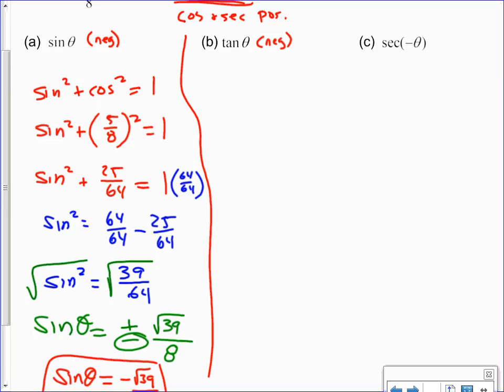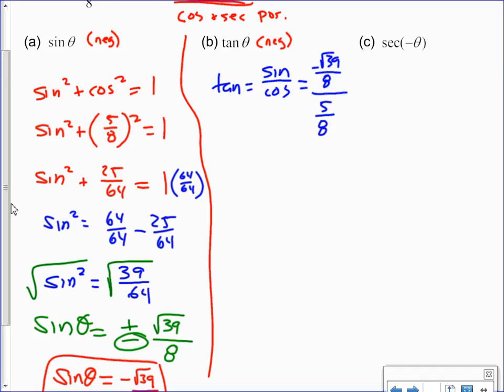Okay. Since we know cosine and we know sine, this should help us with tan, eh? Because isn't tan just sine over cosine, right? So watch this. Mind blown, right? Sine is negative root 39 over 8. Cosine is 5 over 8. They're all related, right?